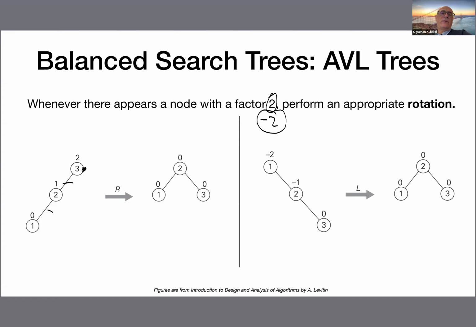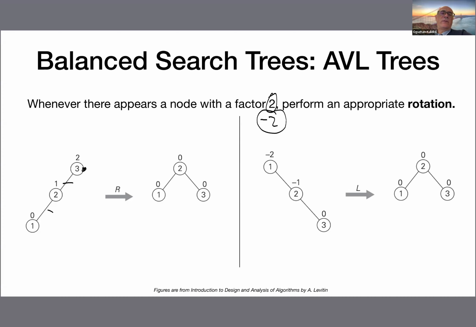C has T2 here, and T3 here. However, a node cannot have 3 children, right? So that is why we take this out from here. We cut this one and connect it to the right node, which gives us the final shape.